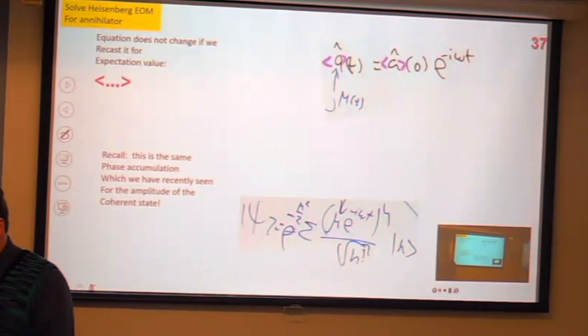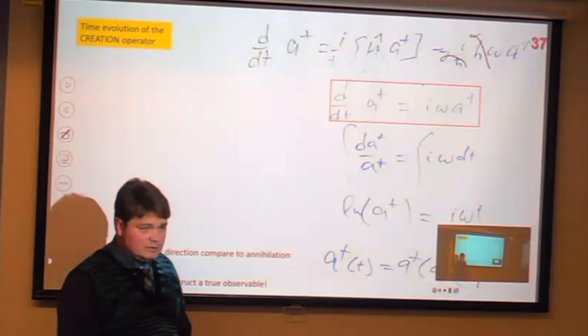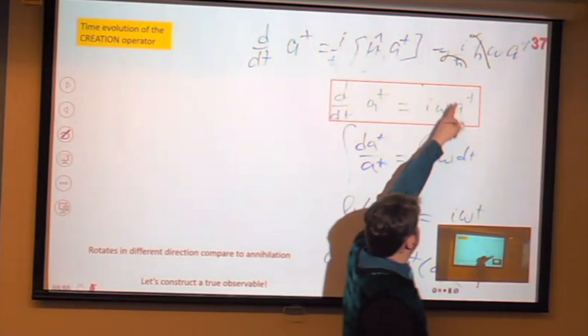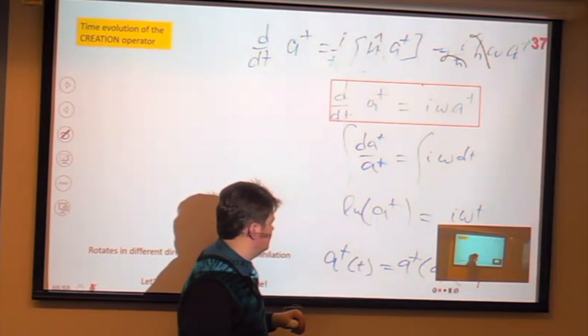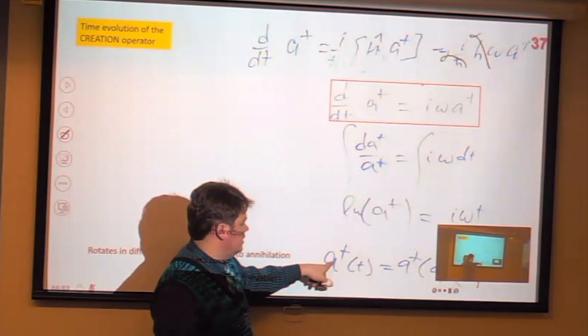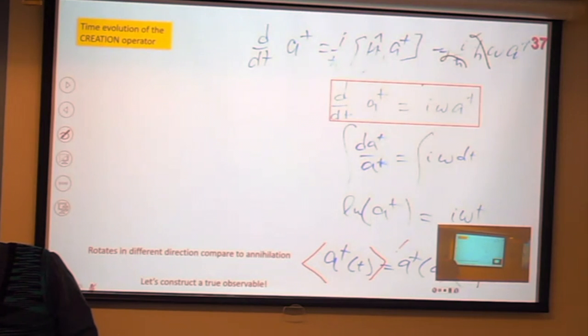If you do the same thing for the creation operator, the story repeats with a positive sign. Plus here, and then a dagger equals, well, again, I do not want us to go crazy.